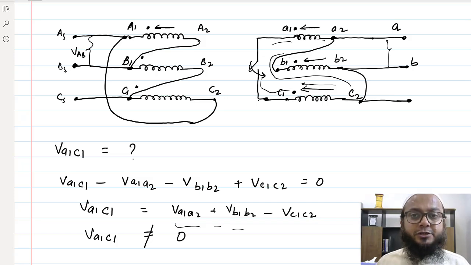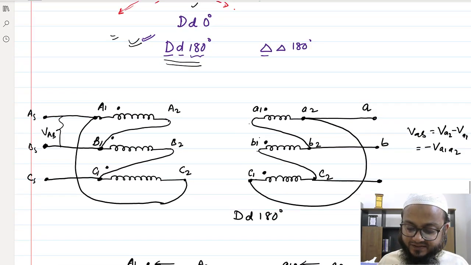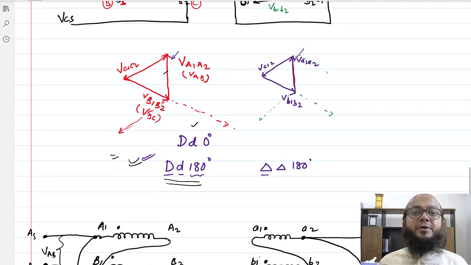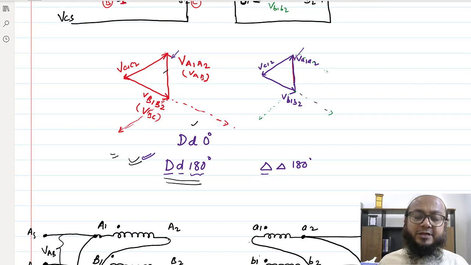So you have to ensure the dot convention. This was about delta as well, and in delta connection we have seen that the transformation ratio for the phase voltages and the line voltage remains the same, that is, A is to 1 only.